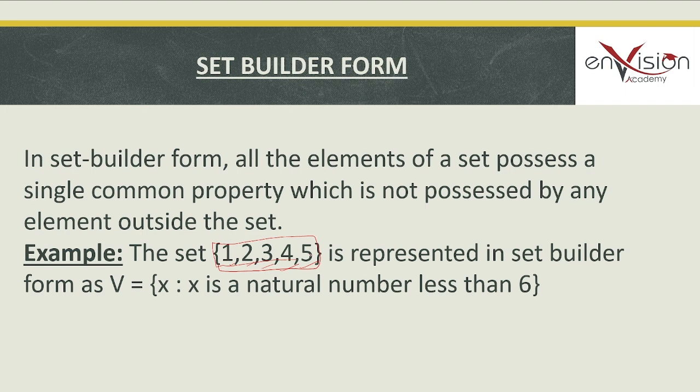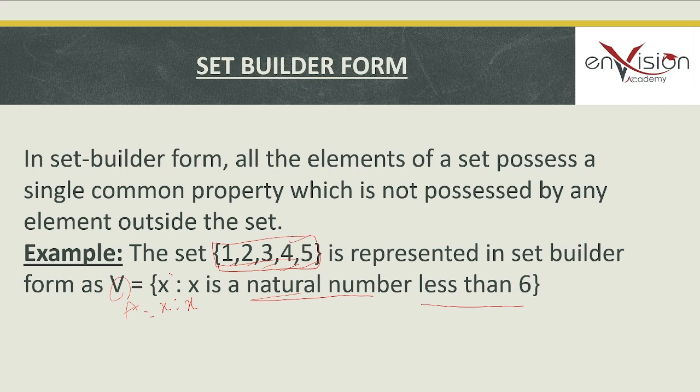So if we have to write the set builder form, we name the set V or A, of your choice. V equals x, colon, meaning such that, where x is a natural number which is also less than 6. Can you relate this form to this?